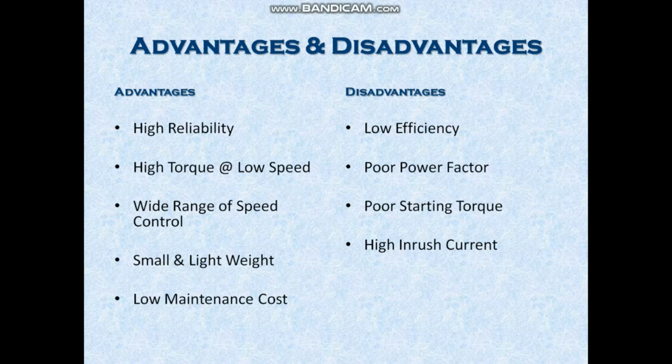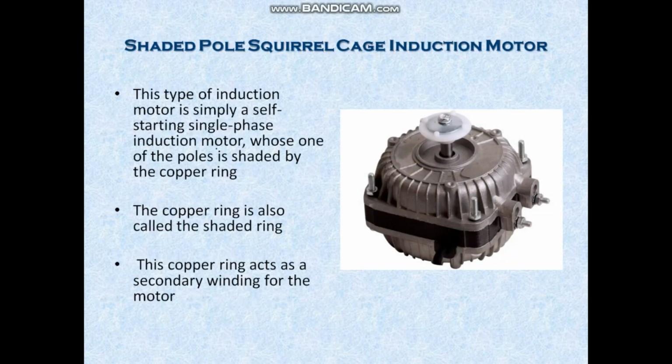High reliability, high torque at low speed, wide range of speed control, small and lightweight, and low maintenance cost are its advantages, and the various disadvantages include low efficiency, poor power factor, poor starting torque, and high inrush current.